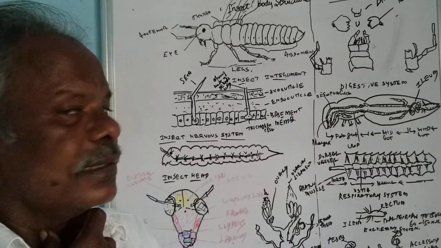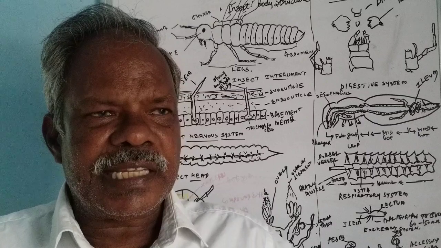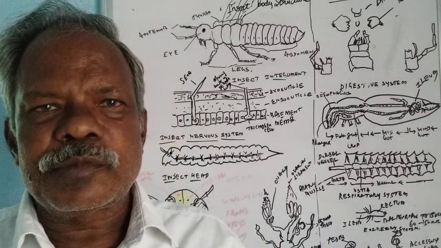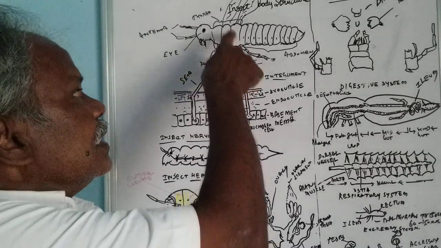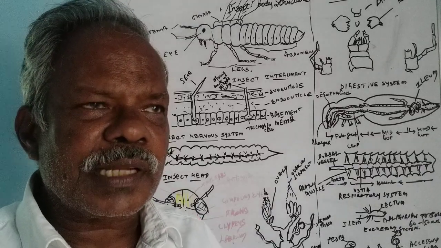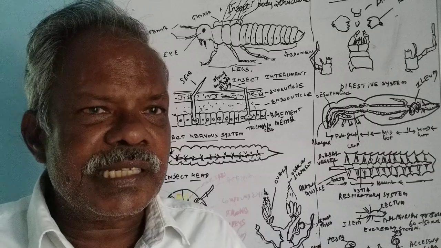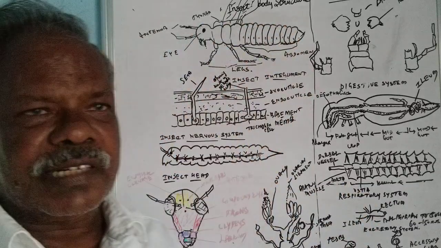Then the thorax, like the rib cage in human beings with the lungs inside, is always called the thorax in insects. And then the abdominal region, which is the stomach region. So these are all the 3 divisions.